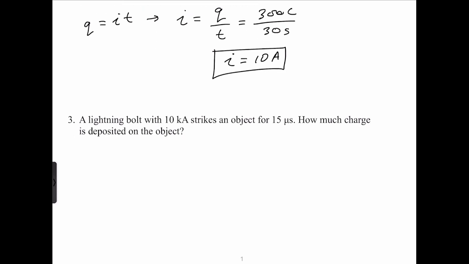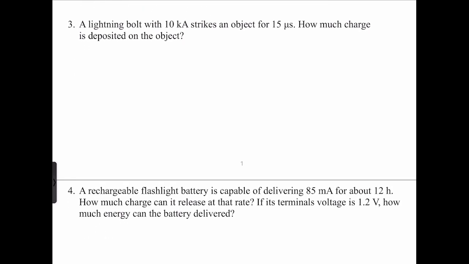So we can then go ahead and do the third problem. As always, we read and we see that we have a current and we're given time, and we're asked how much charge is deposited on an object. So we're still finding charge. That means Q is equal to I times T, and we're given 10 kiloamperes, so that's 10 e to the 3 times 15 microseconds, e to the negative 6.